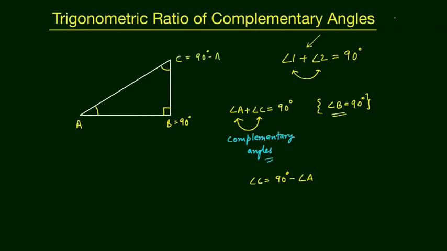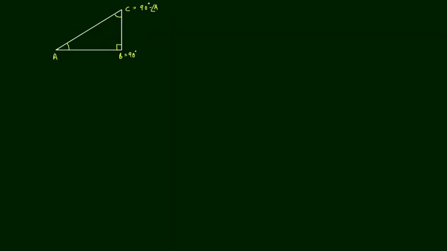Okay, so we will find out this relation in trigonometric ratios. There are 6 trigonometric ratios, and you already know about this fact. So how are the trigonometric ratios correlated in terms of complementary angles? See, the same triangle ABC is here, where angle B is 90 degree, and angle C can be written in terms of angle A, that is 90 minus angle A. First we will write the values of sin A from the triangle.